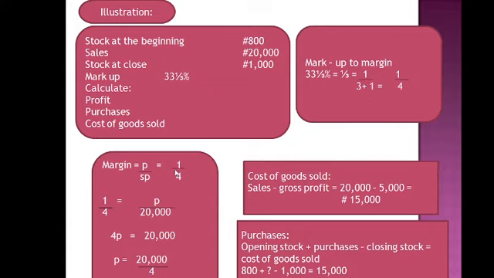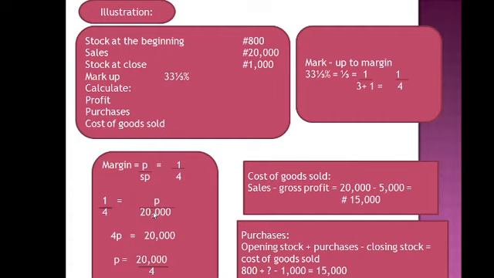Hope it's clear. Now for our margin, we are looking for our profit. Profit over selling price equals 1/4. So 1/4 equals P over 20,000, because the sales was given.